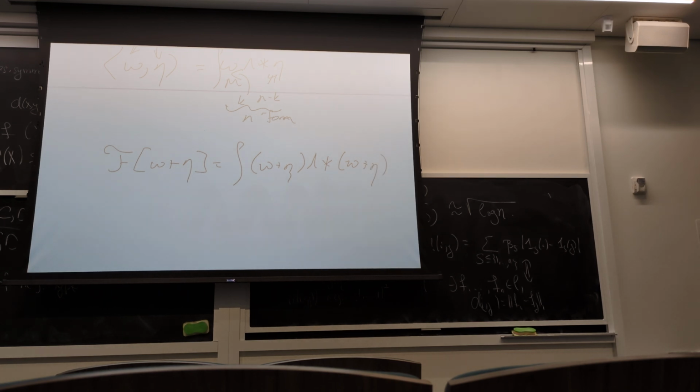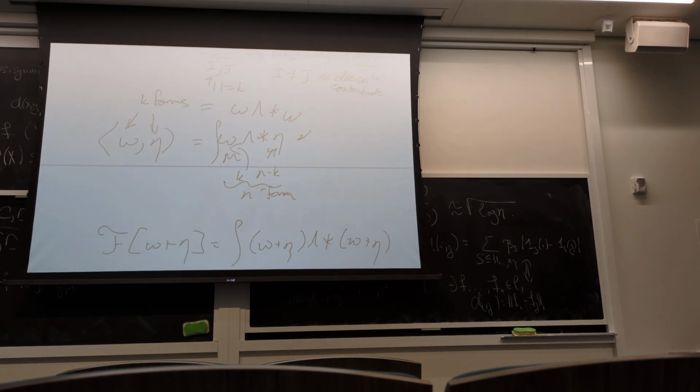I should also mention that this should be symmetric. When I was trying it out, I got a negative sign, but I'm sure it is symmetric. You should Google it. I don't want to do it live. So this should be equal to eta comma omega. So it's sort of like a normal inner product.